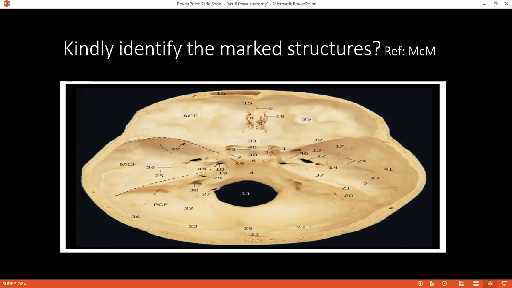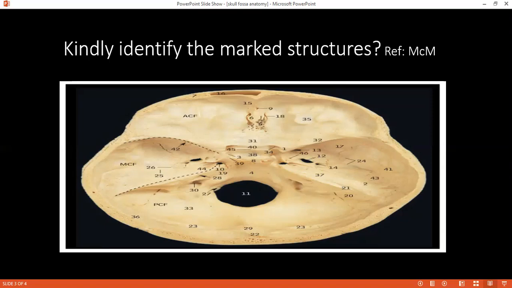We also have the abducens nerve traversing through that, and it has the spheno-occipital synchondrosis.